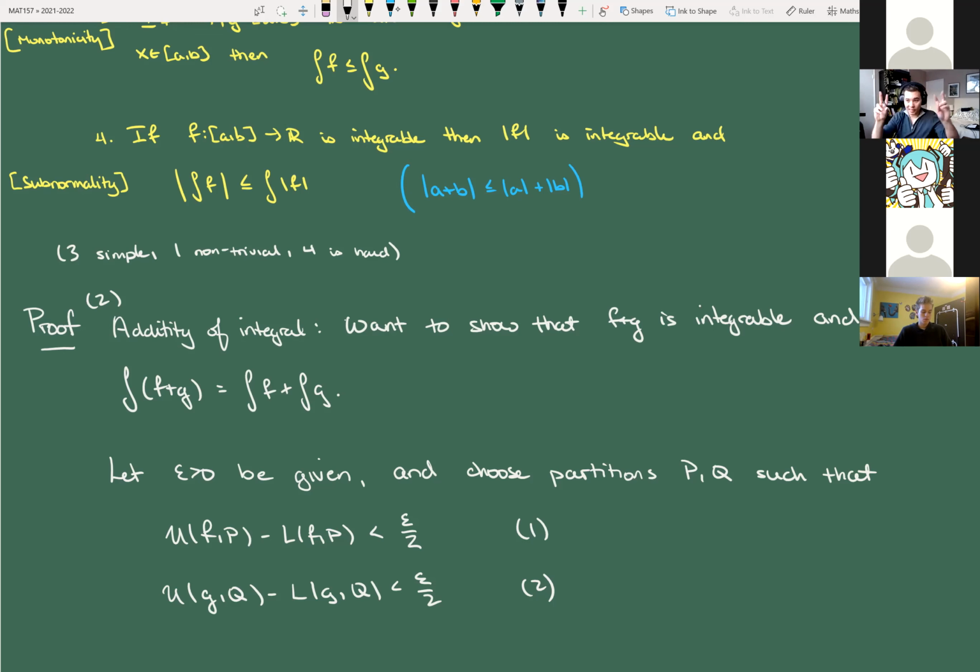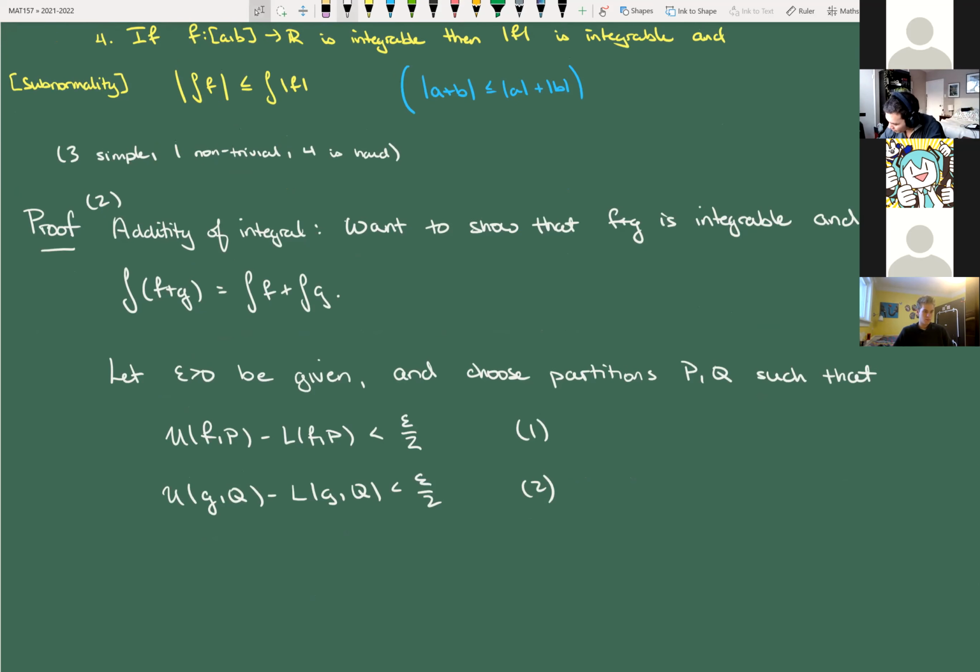So basically we've got our deltas which work for F and our delta which works for G. And now I'm going to take the minimum of them, i.e. I'm going to refine them both. So I'm going to say now set R to be equal to P union Q so that both 1 and 2 are true for R. Okay, is everyone okay with that step?